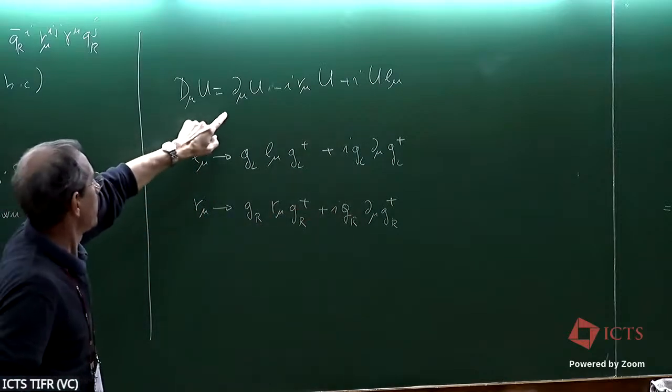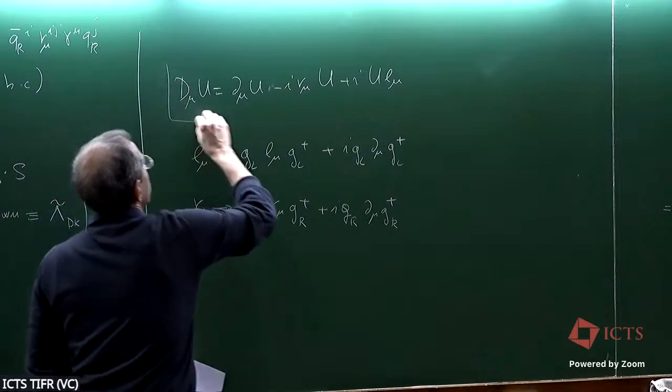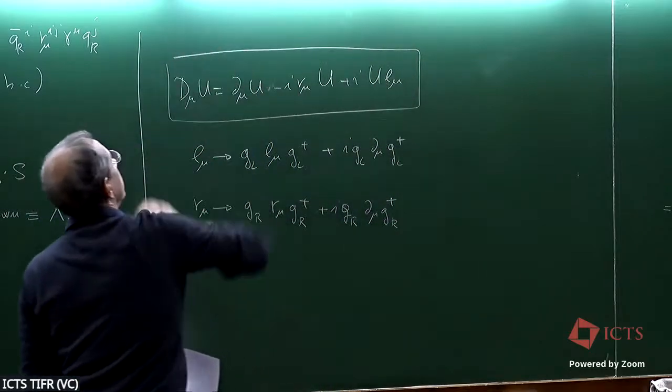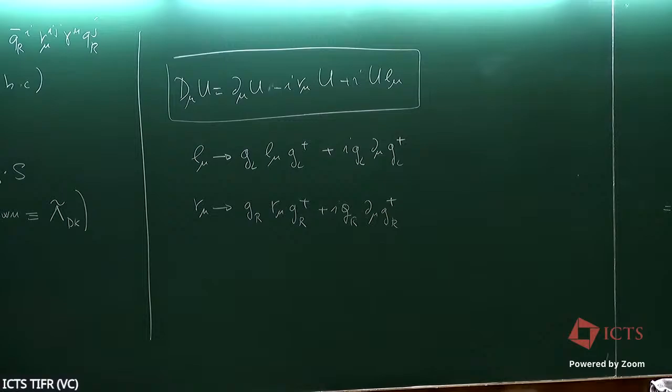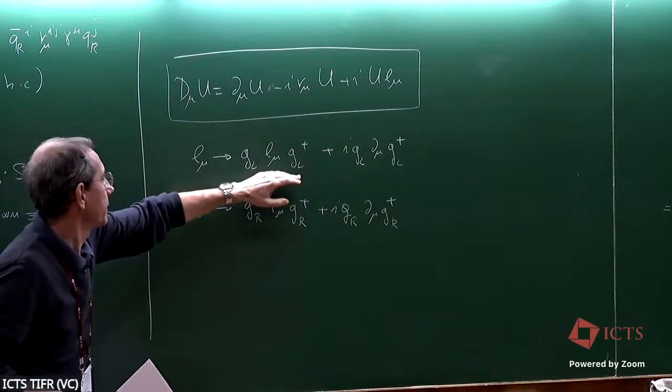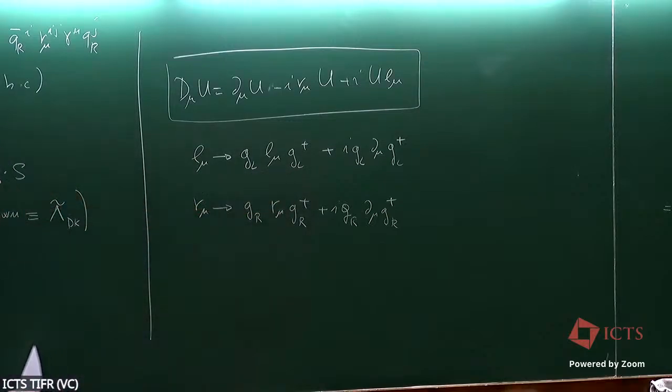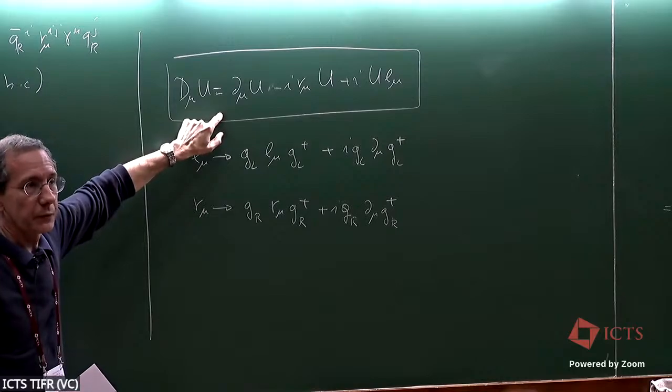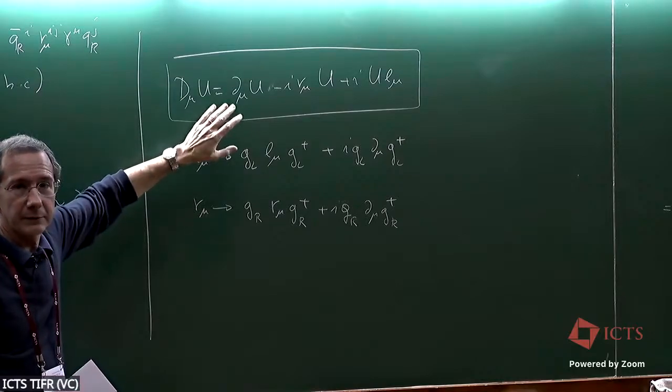Therefore, we deduce we have the same structure here. So you can absorb this in a covariant derivative with respect to your quark field, and you do the same thing here for your meson field or U field. Is this clear?